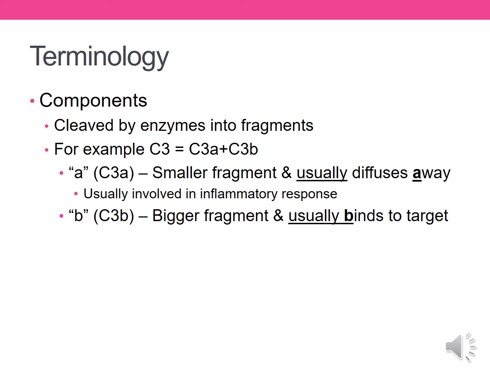We can take this general idea and apply it to all the other complement components, say C2, etc. But there are some fragments or components that don't follow this particular rule, and when we talk about those, I'll be sure to make note of it.